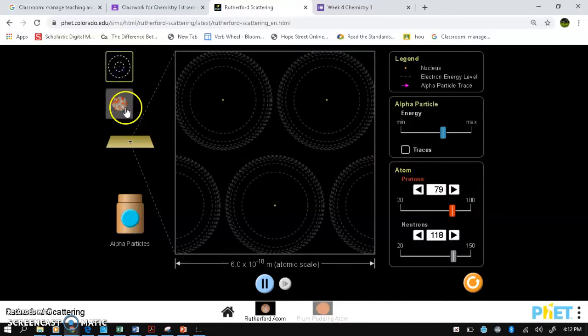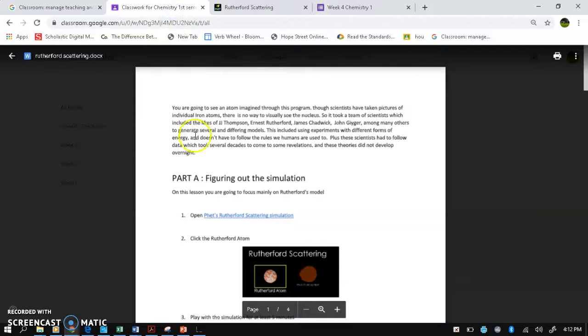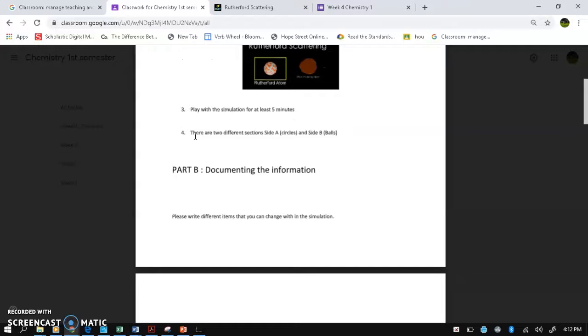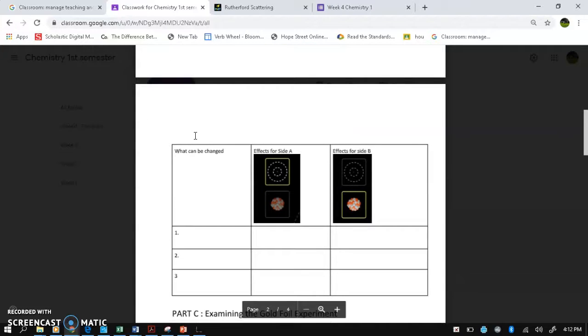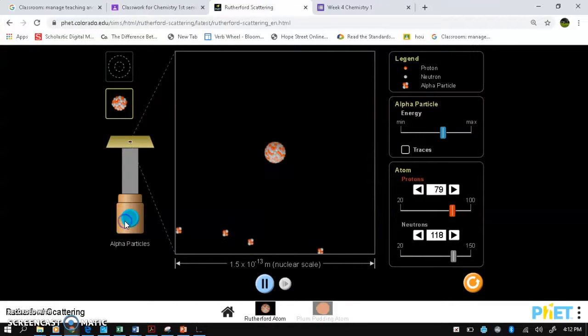It says what can be changed, so then you're going to look and see the effects. So one thing could be the blue button.